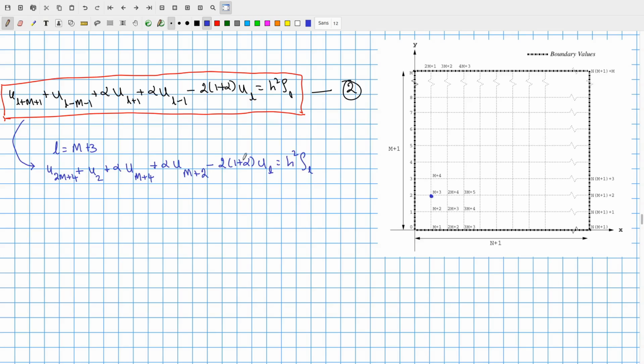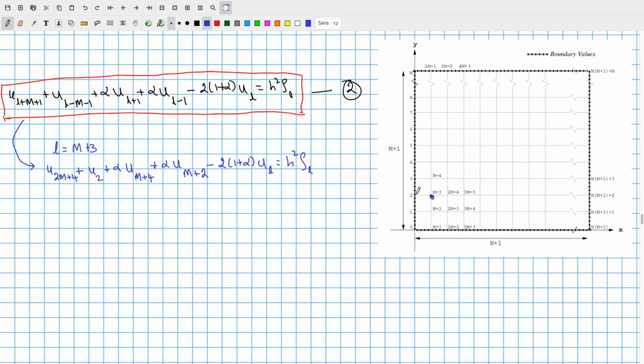Let us now carefully see that. L equal to m plus 3 is the point we are writing as L. What are the other grid points it connects? 2m plus 4 is here, and 2 is here.